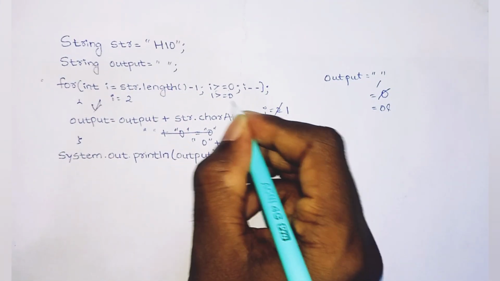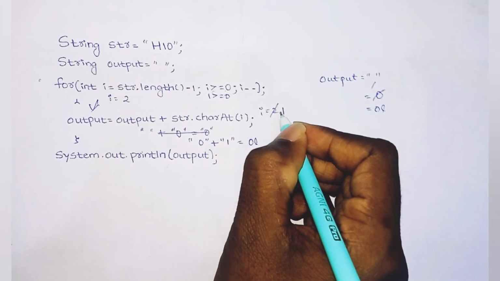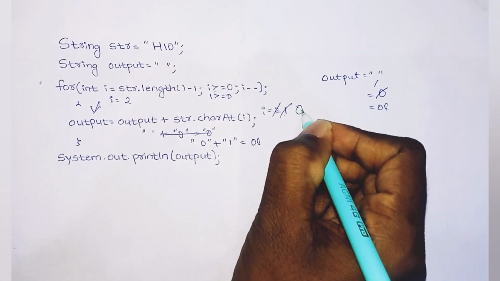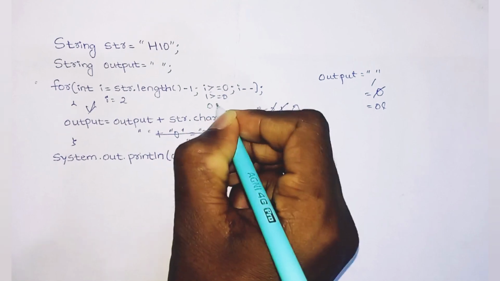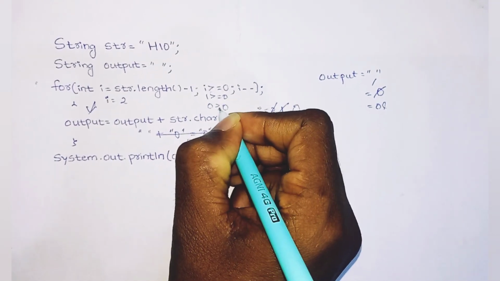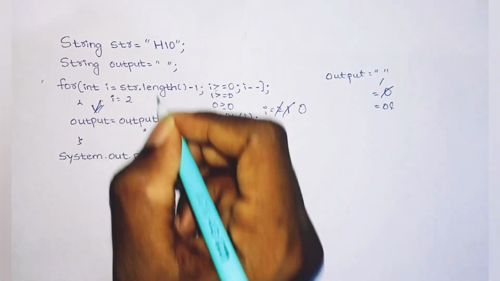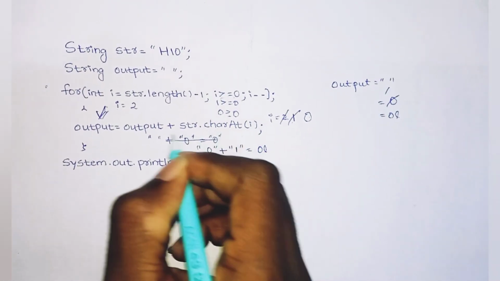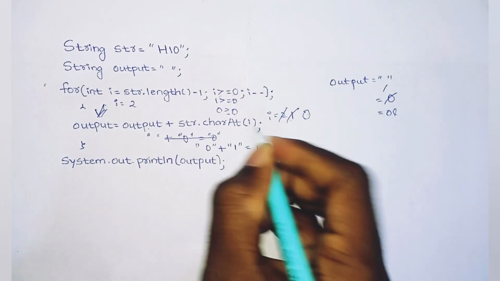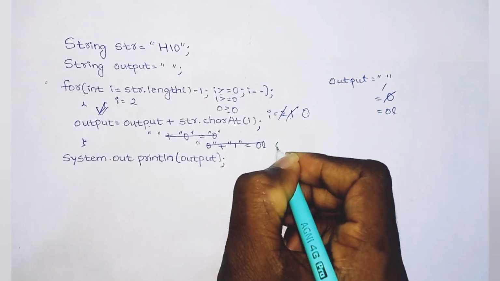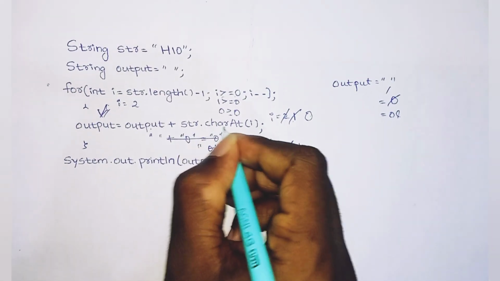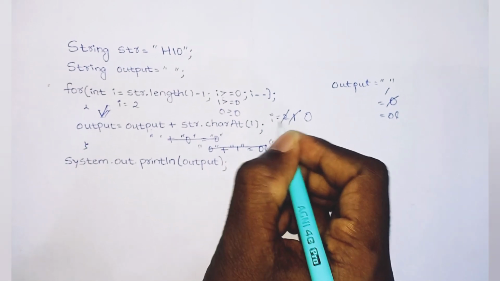Now i gets decremented by 1. Previously i equals 1, now 1 minus 1, which equals 0. Now it checks the condition 0 greater than or equal to 0. The condition is true, so it enters the for loop. Now output equals output plus str.charAt(i). The output's updated value is OL, which is a string, plus str.charAt(i). The i value is 0.